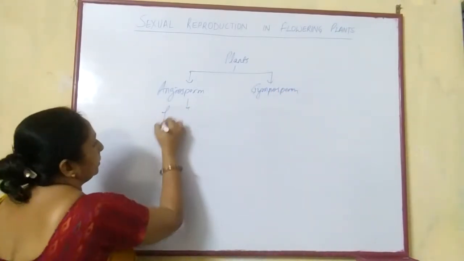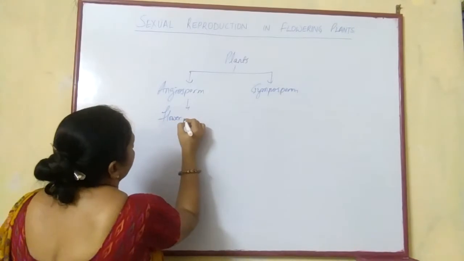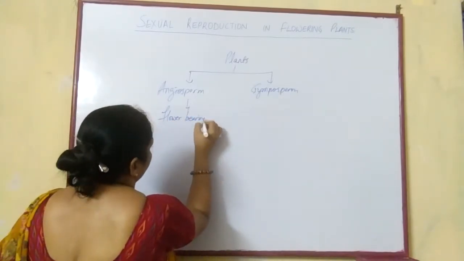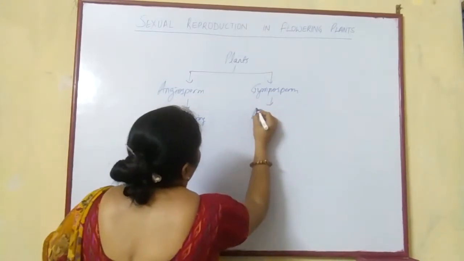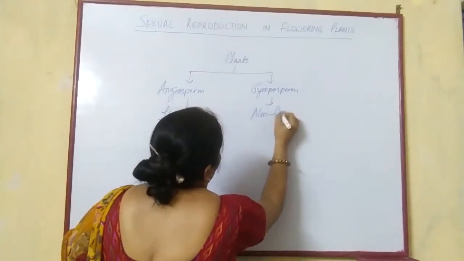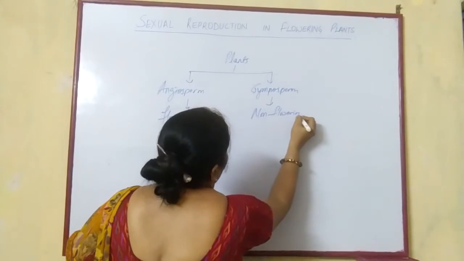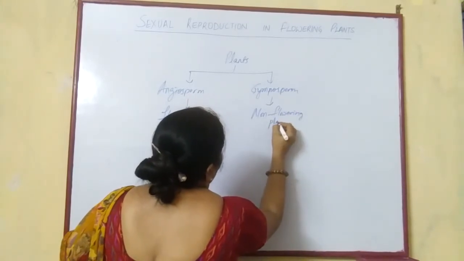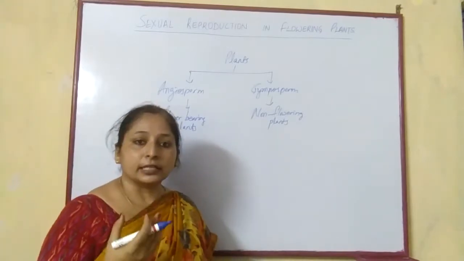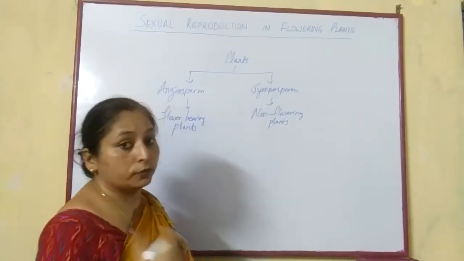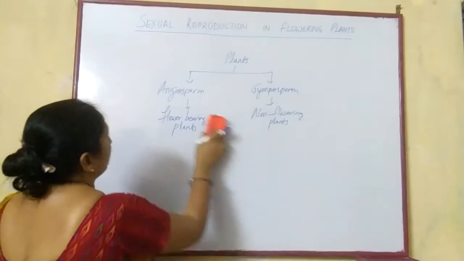Angiosperms are the flower-bearing plants, while gymnosperms are non-flowering plants. For angiosperms, the flower is a fascinating organ for the process of reproduction.